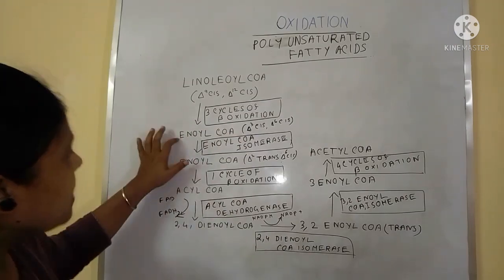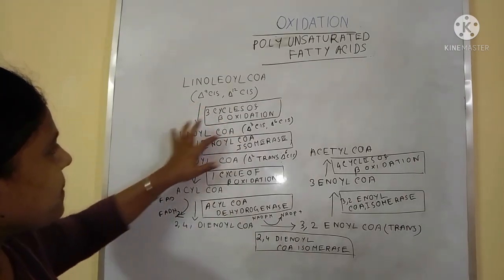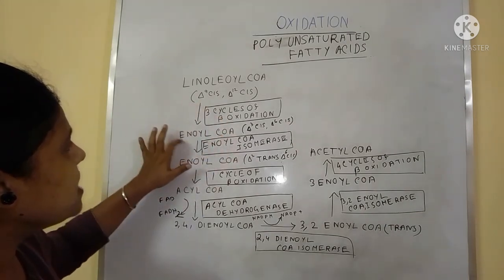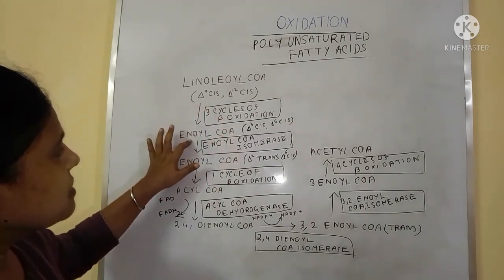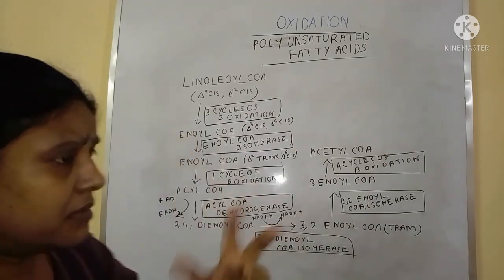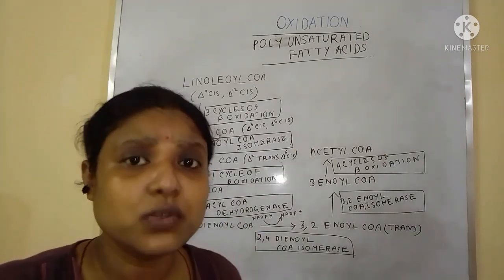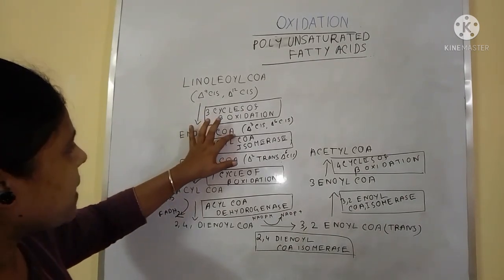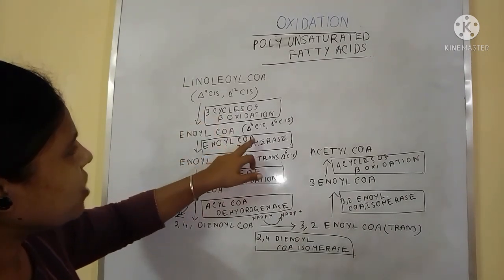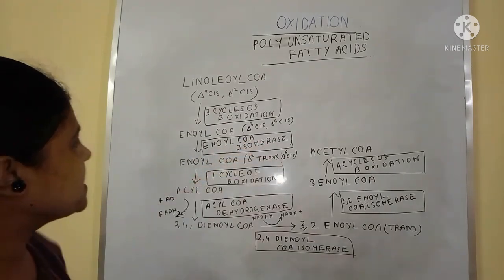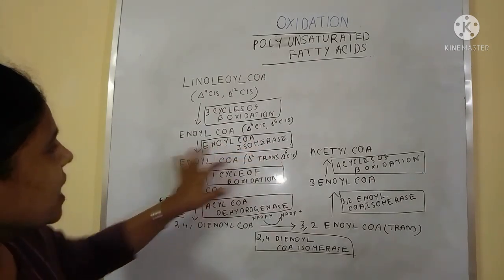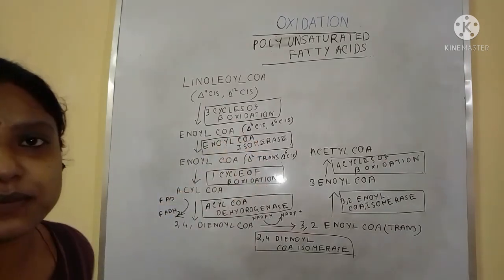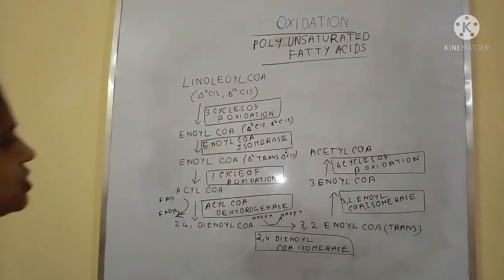But here the enoyl CoA, after formation of this enoyl CoA, the reaction does not continue. So what happens? The enoyl CoA, in presence of enoyl CoA isomerase, becomes enoyl CoA but in trans position, or trans condition.